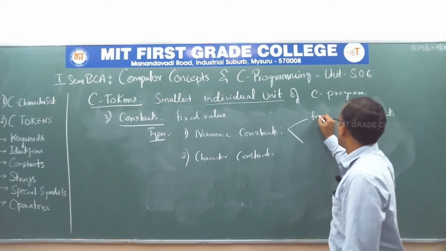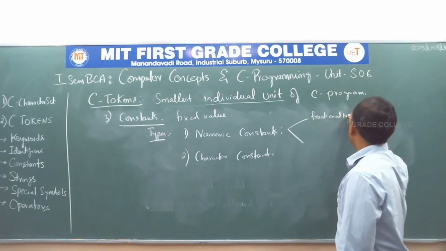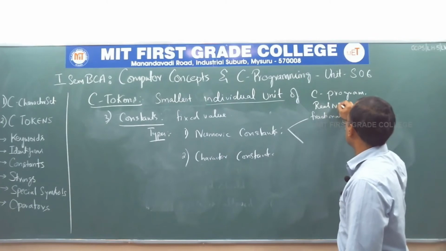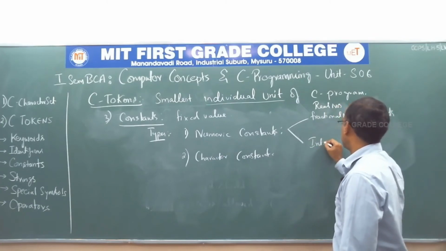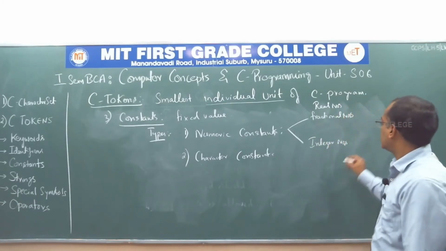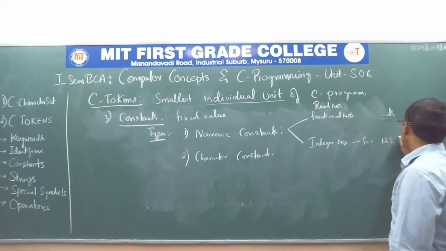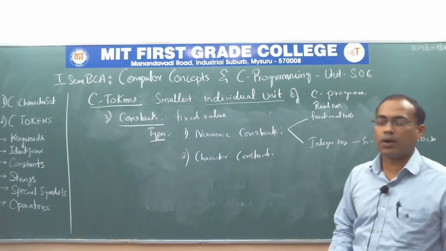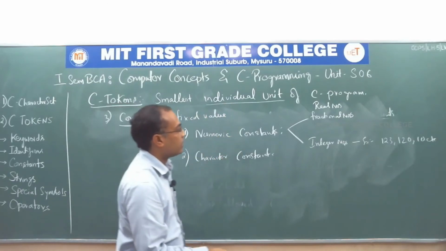One is fractional numbers, which I can call real numbers, and another is integer numbers, whole numbers. For integer numbers, I can take examples such as 123, 120, 10, etc. So whole numbers are all examples of integer constants.